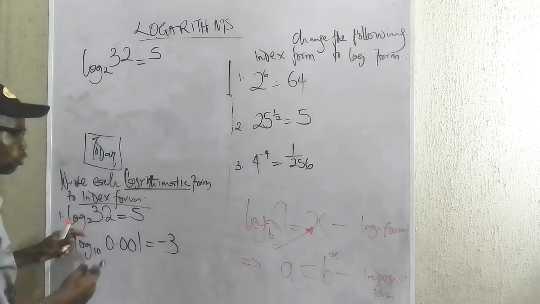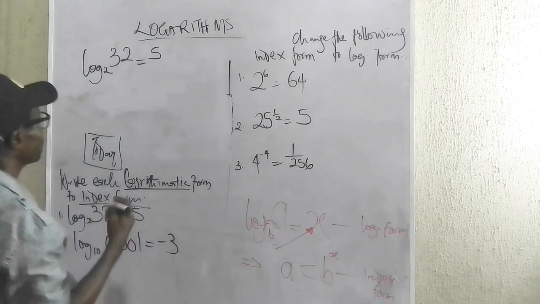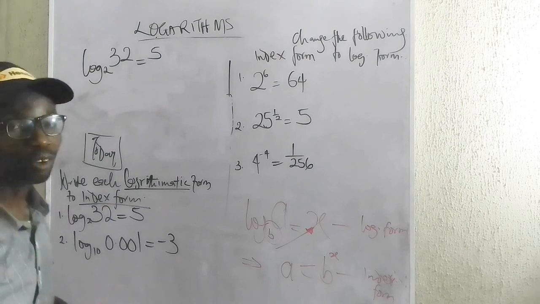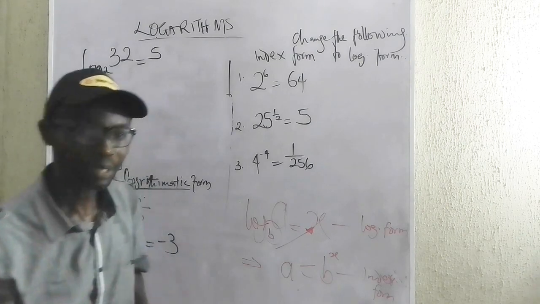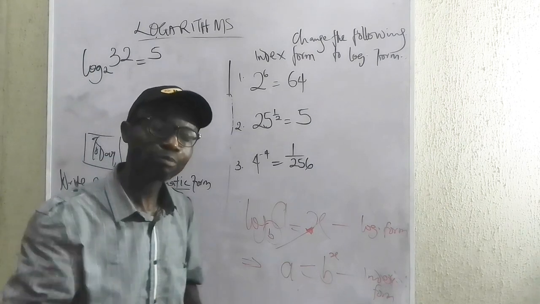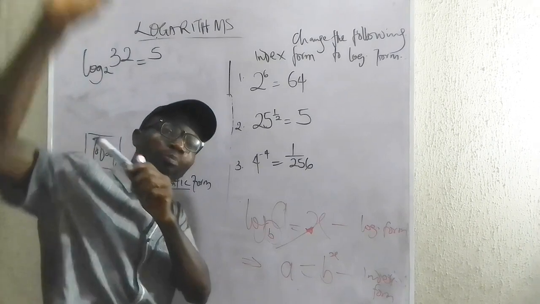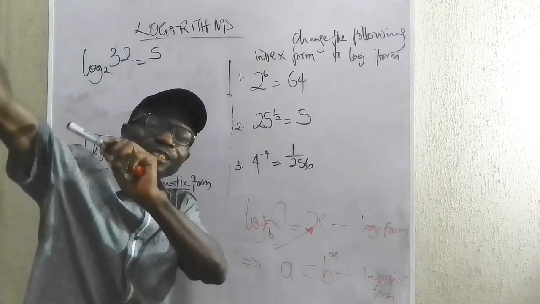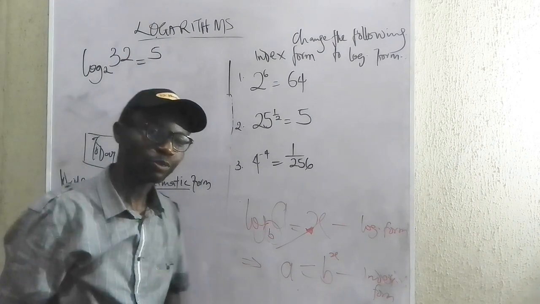So we'll also take it to the index form. Go back to the definition. The log of a number to a particular base is the number of times the base will be raised to give that number. So let's do it.